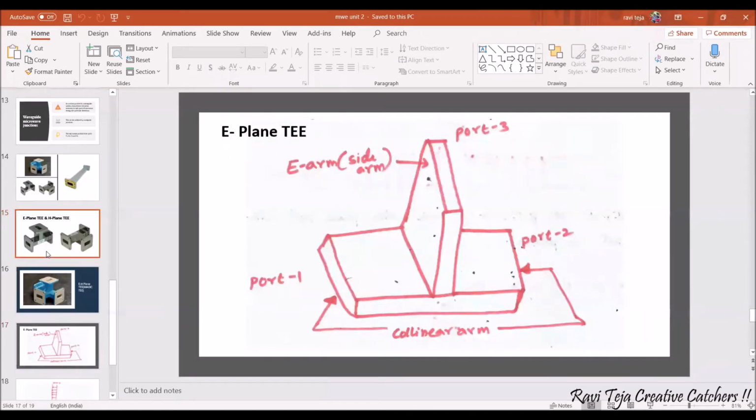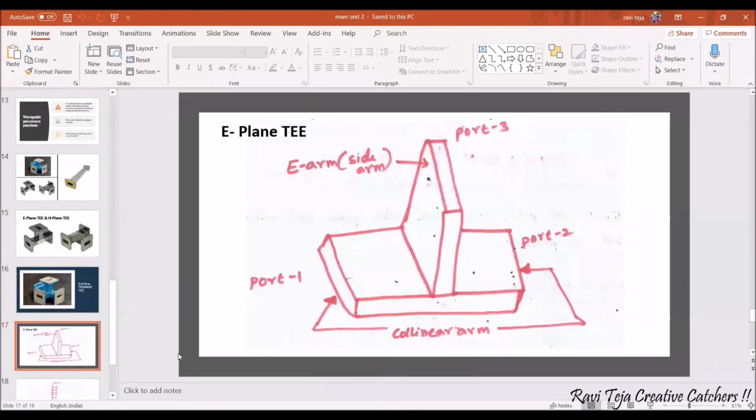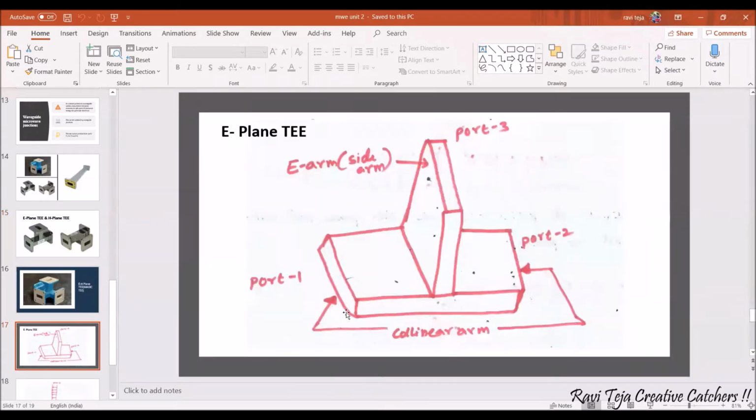I have taken this particular E-plane T in a normal drawing form. This is how it looks if we draw an E-plane T. See, there are two ports in a straight line and one vertical port over here. Similarly, we have drawn the same thing: this is one port and this is another port, two ports on the same line.